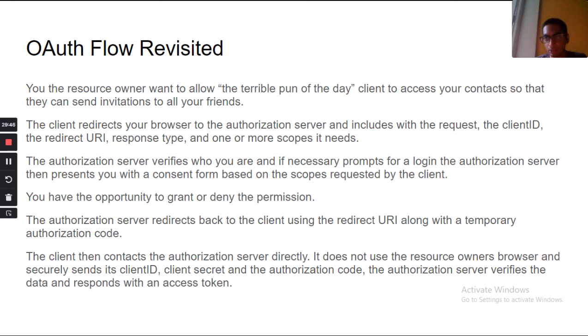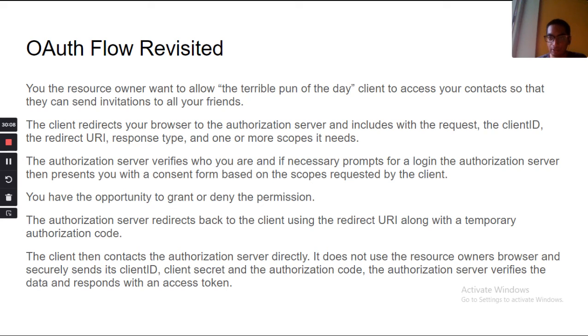So once you click on your Gmail service on the terrible pun of the day website, the client, which is terrible pun of the day, will redirect your browser to the authorization server. So terrible pun of the day will redirect you to your Gmail service.